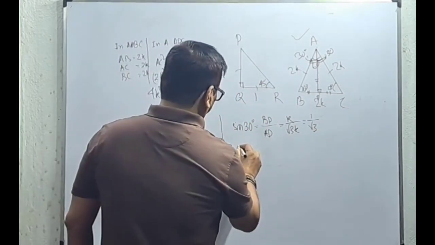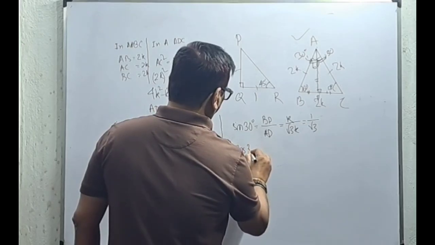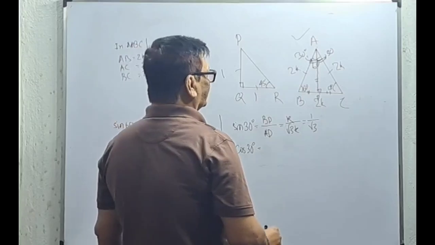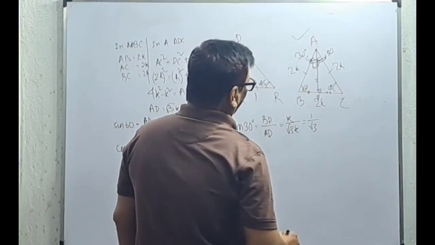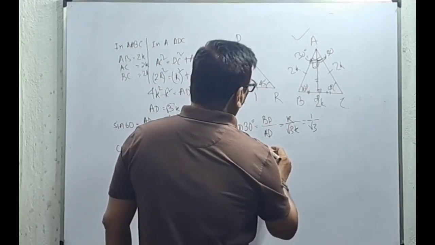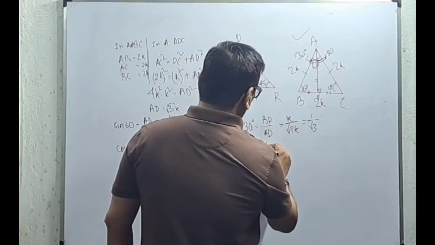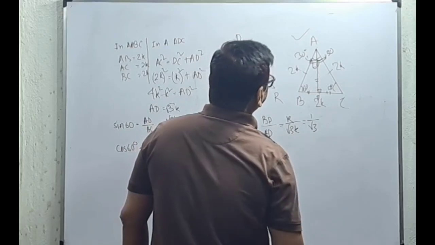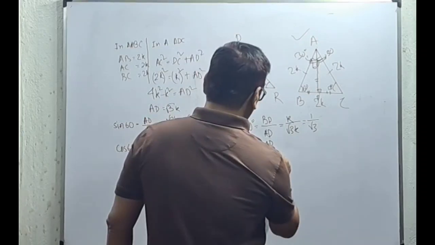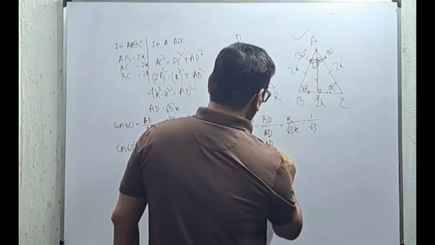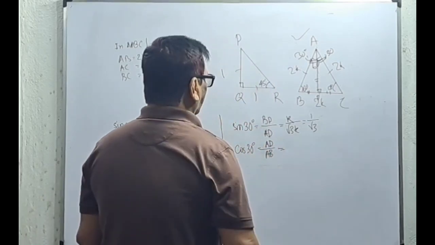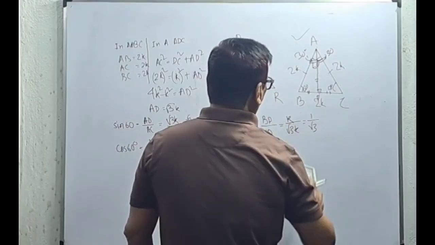Cos 30 degree would be base by hypotenuse, right? That is AD by AB. That is equal to, or you can look at this angle also.